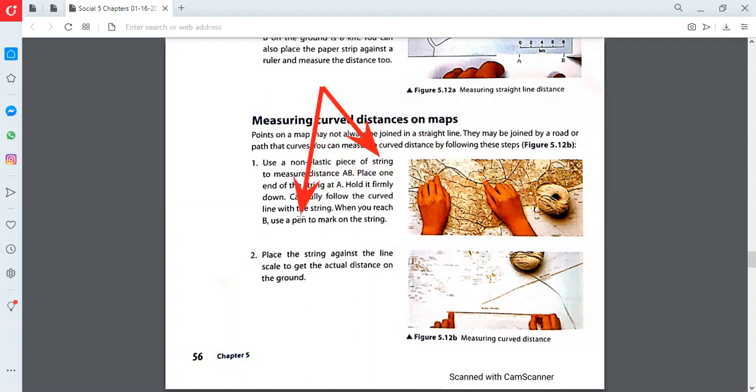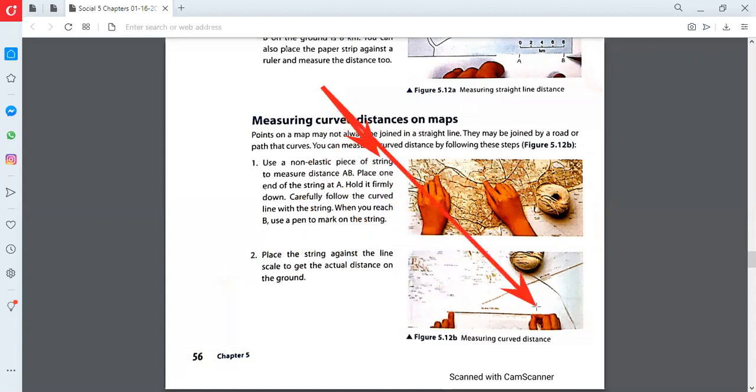So they follow the curved line with the string. When they reach the point B, they use a pen to mark on the string. They put the mark here on the string, so that they get to know that this is the total length of the travel. Now they are placing the string or the thread against the line scale to get the actual distance on the ground.